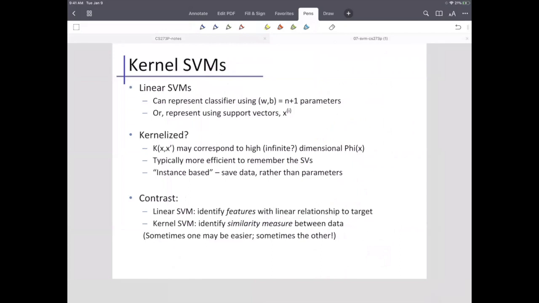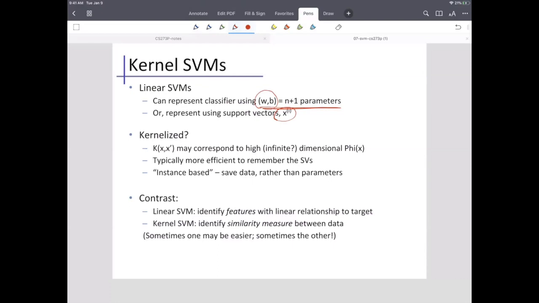Let's summarize what we talked about so far. The linear SVM involves w and b. Overall, you have n plus 1 parameters for the linear SVM. We can represent the model in two ways. Either you store the final values of w and b, or you represent w and b using the support vectors.